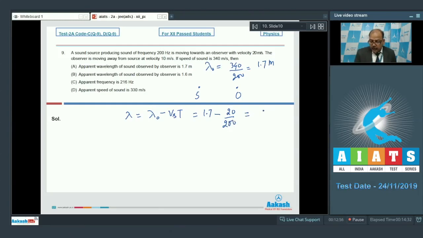This is clearly equal to 1.6 meter, which means option A is incorrect and option B is correct.